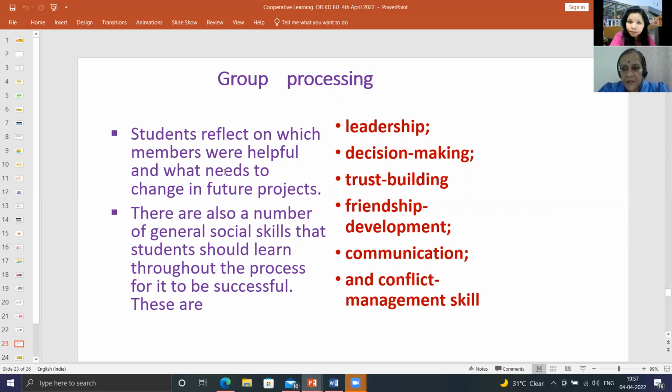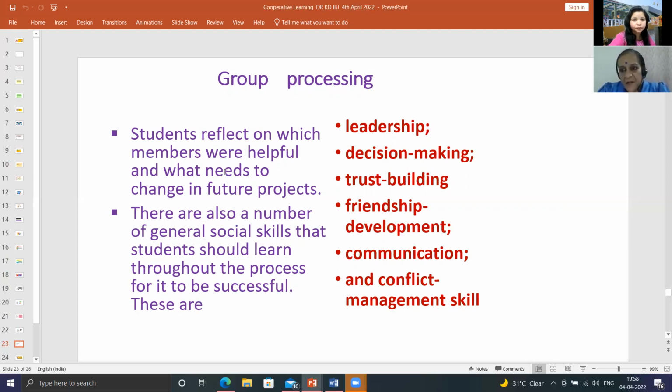Then trust building. If a candidate of a particular group is giving the answer and it is right, we can all follow him or her. This means they can trust each other for completing their task.